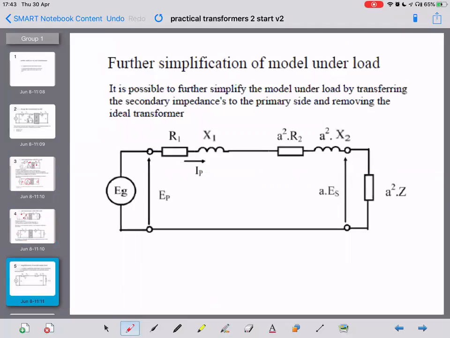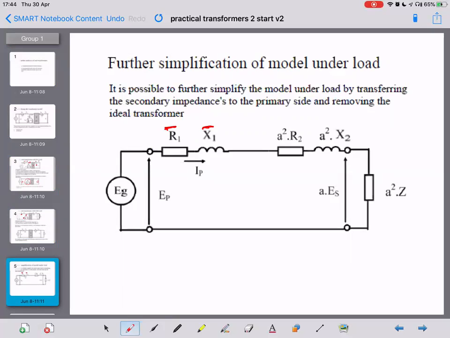Right. Further simplification. Now we've done this transfer of impedances across, which we were working on last week and the week before. It's possible to further simplify the model under load by transferring the secondary impedances to the primary side and removing the ideal transformer. So we've still got our R1 and X1 here, and then we've transferred our three impedances.